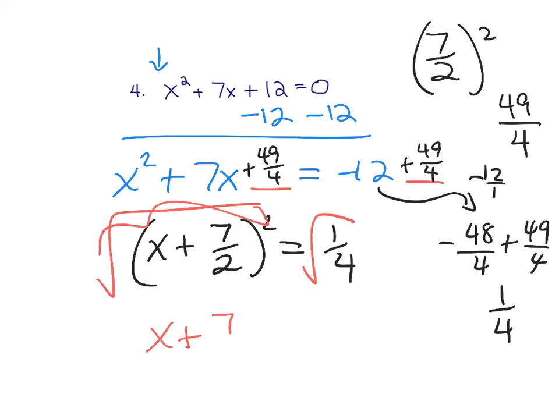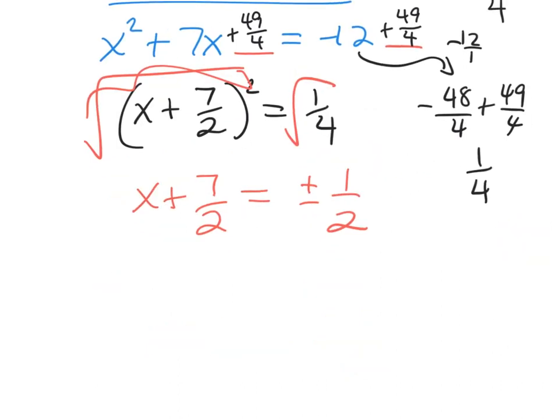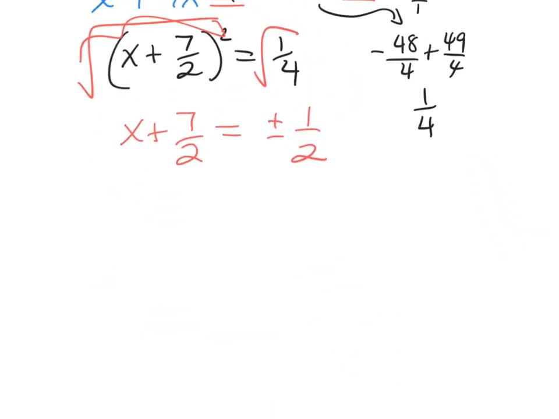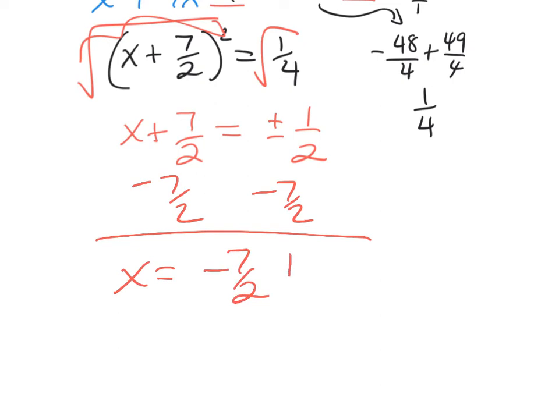x plus 7/2 is equal to plus or minus, and this is actually a perfect square. Real quick, subtract the 7/2. x is equal to negative 7 over 2 plus or minus 1 over 2.